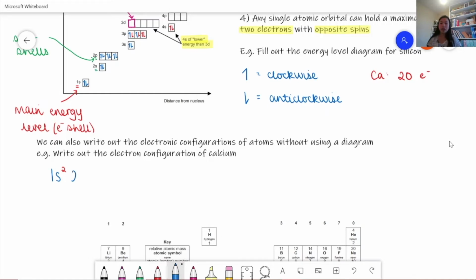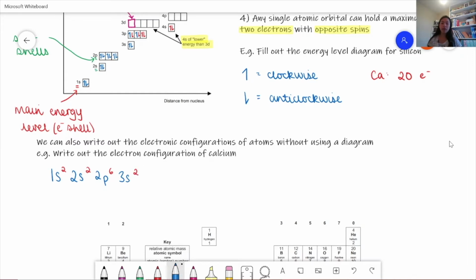And then we have 2s, and we also have 2 electrons, and so we put a 2 there. And then we have our 2p subshell, and instead of writing out all the orbitals, we just write out the subshell. It has 6 electrons in the total subshell, so we have a 6 on top of the 2p. And then we have 3s, which has another 2 electrons.